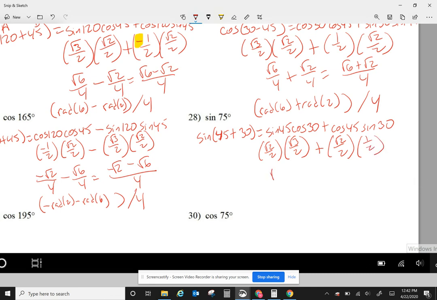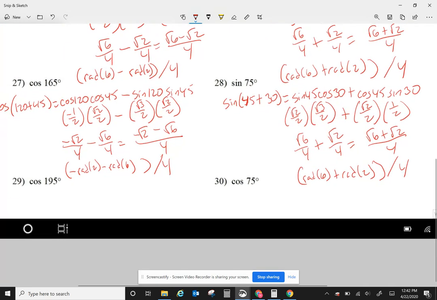So I have radical 6 over 4 plus radical 2 over 4. That gives me radical 6 plus radical 2 all over 4. The way I type this is a big parentheses on top, radical 6 plus radical 2 all over 4. Little lengthy, but not too difficult.